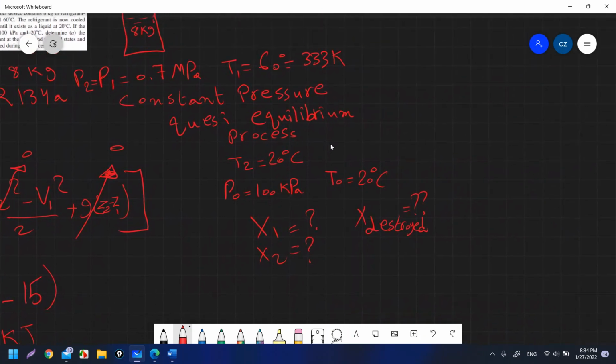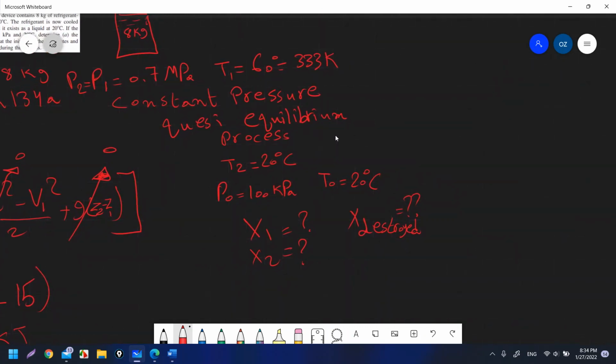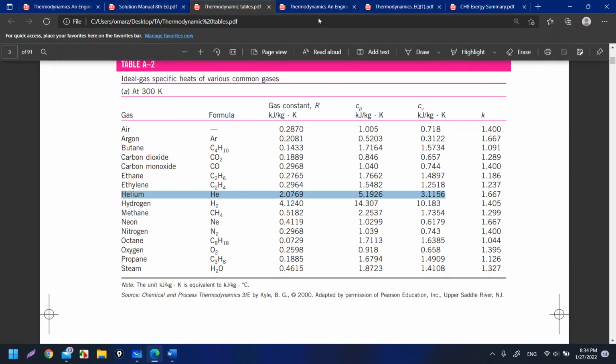Okay, how can we find X1 and X2? That is also a fixed mass. He said only 8 kilogram. There is no flow. It's a piston cylinder device. It is closed. Then we will use the same equation for the closed system.